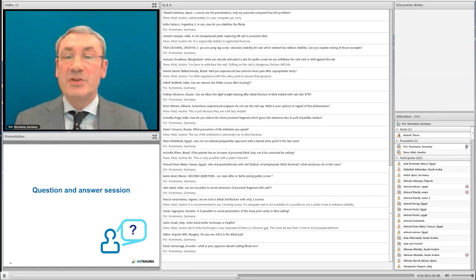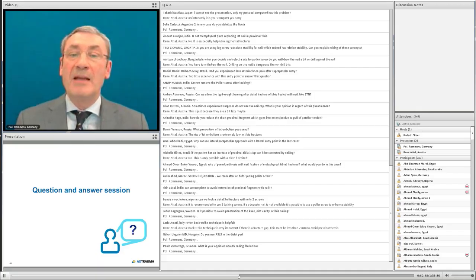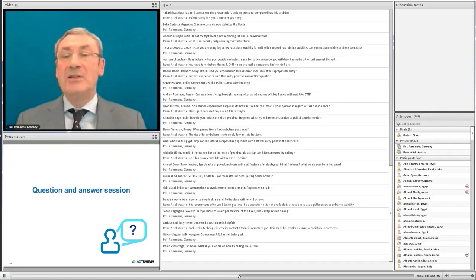What kind of osteosynthesis do you prefer? Certainly, it is clear that plate osteosynthesis enables you an anatomical reduction and fixation of the fracture, and I would say nailing is more a splinting of the fracture, where I do not think that it adds much to the overall stability of your construction.